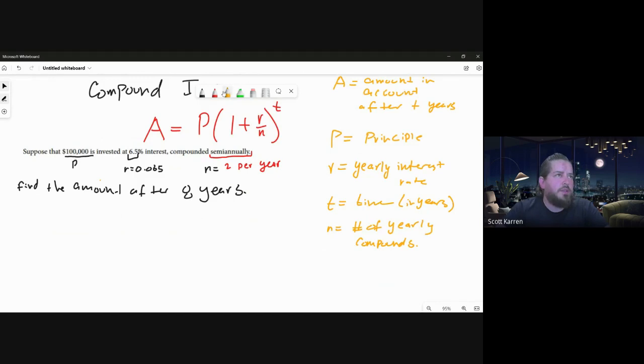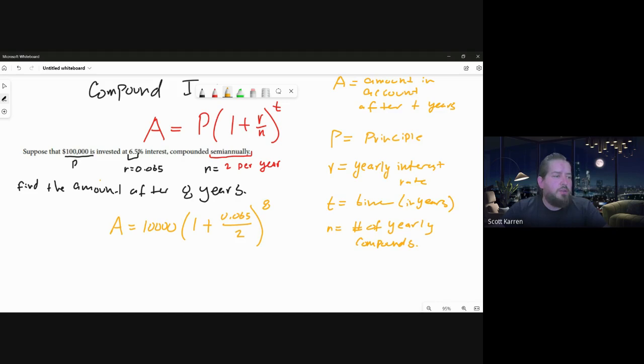So the amount after 8 years is equal to the principal, so 100,000, multiplied by 1 plus r, which is 0.065, divided by 2, all raised to the t, so 8 years. That's my formula, my equation.